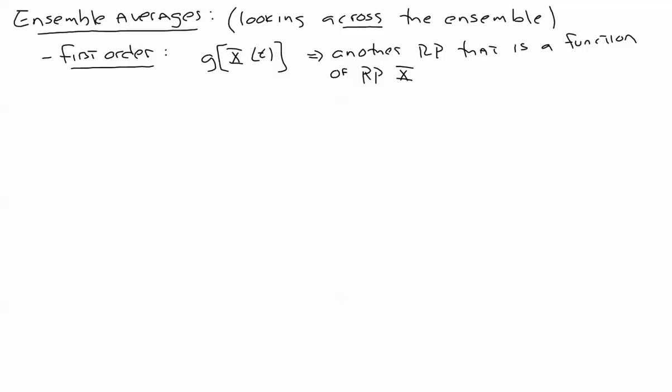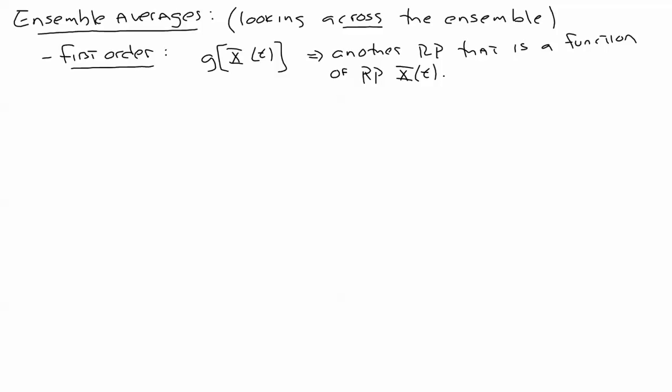A function of a function is a function. A function of a random variable is another random variable because random variables are functions. A function of a random process is another random process. g of t is a function of random process x of t.